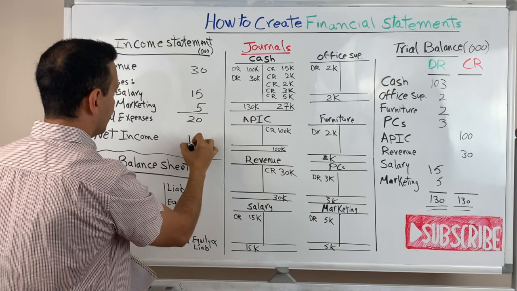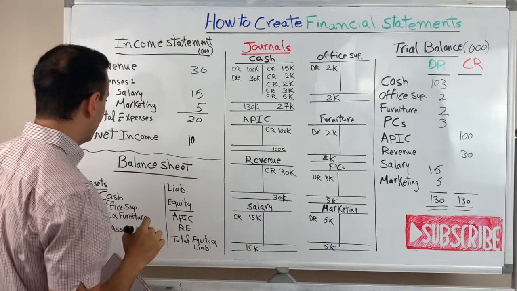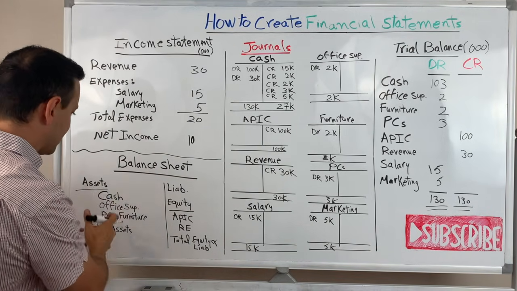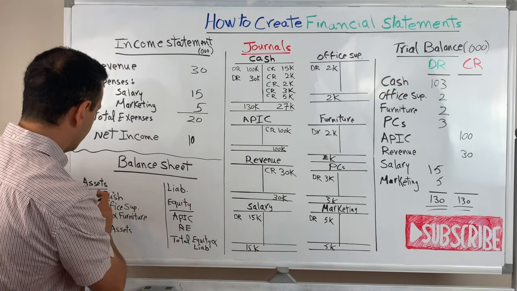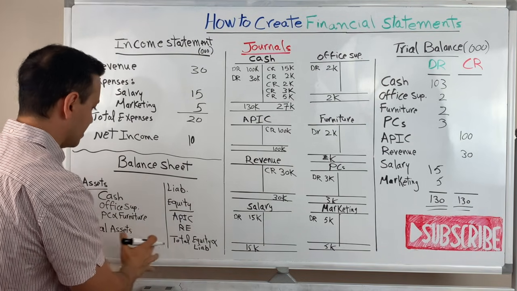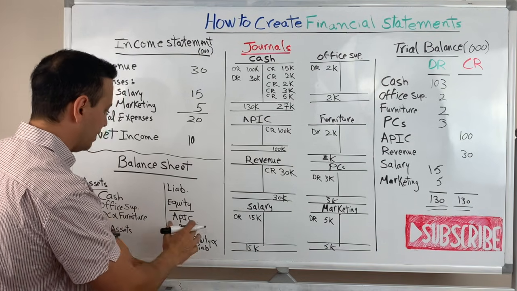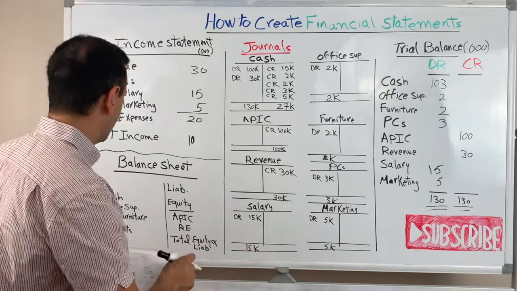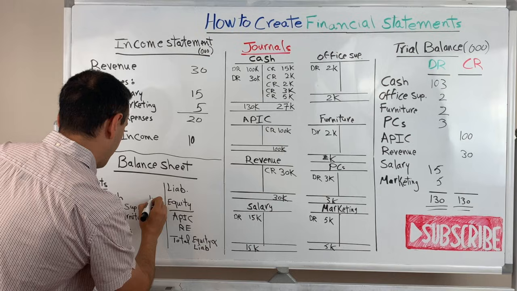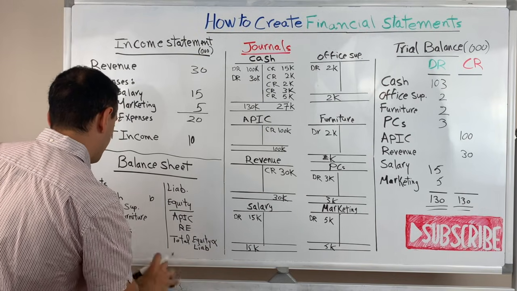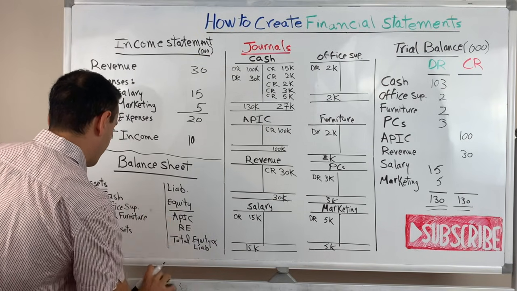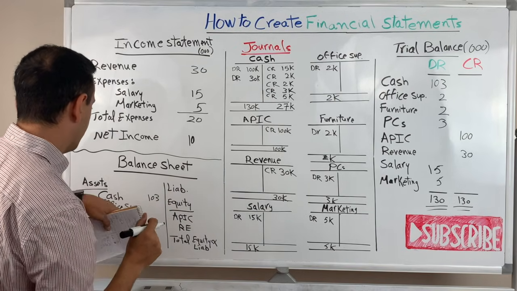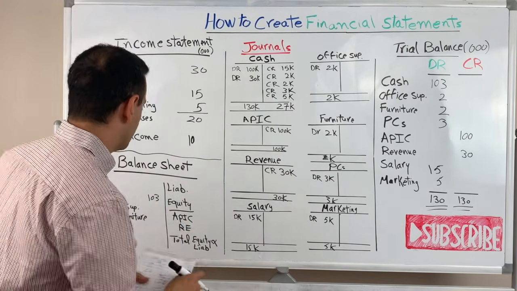That would be 10,000. Now, when we look at the balance sheet, basically we summarize in terms of assets, and then the two sides that were balanced: one side is assets, the other side is total liabilities and equity. So basically assets, we have cash right here, 103. Office supplies, 2,000.